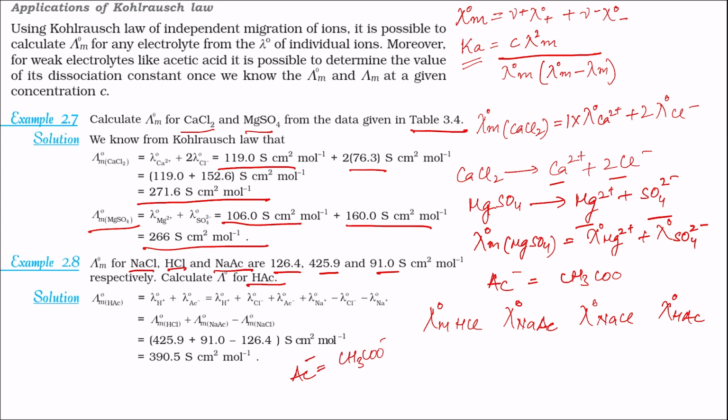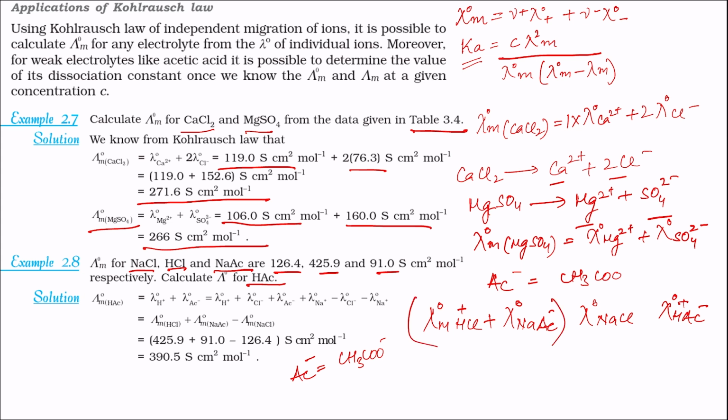Now, acetic acid is made up of the ions H plus and acetate ion. From the values of lambda naught HCl and lambda naught sodium acetate, we can obtain the lambda naught value of H plus and acetate ion. So just add the lambda naught value for HCl and lambda naught value for sodium acetate.